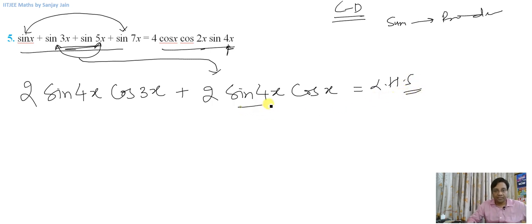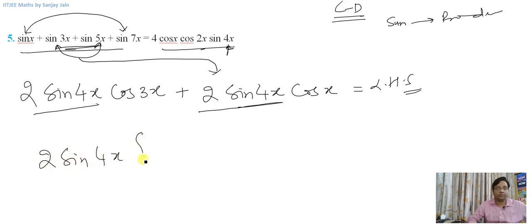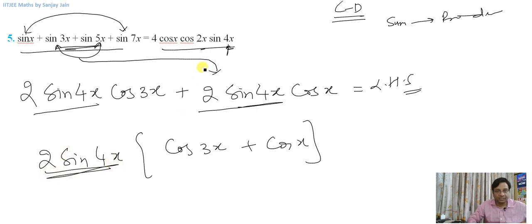Now if you see, I can take this common, 2 sin 4x as common. Inside I'll have cos 3x plus cos x, and if you notice, this is the term that I require in my answer, sin 4x, and 2 will be a part of this 4. So I just have to work on this part now.